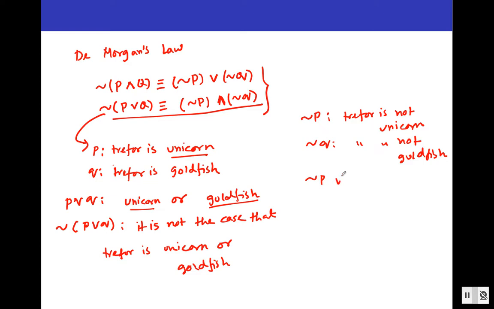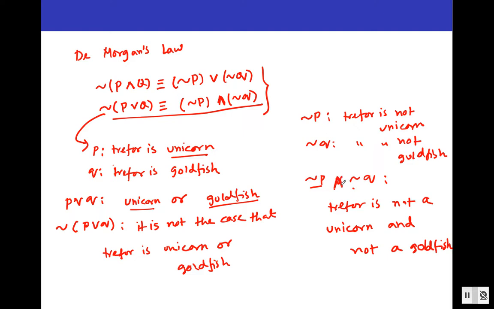Then not P and not Q means Trevor is not a unicorn and not a goldfish. So not P and not Q means Trevor is not a unicorn and Trevor is not a goldfish.